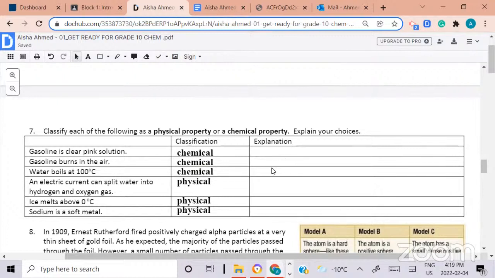It's a physical property because it's just explaining the color, so to say, right? So it's physical. Physical. Yeah. Okay, awesome. And then the explanation for that is that you can observe the color, something like that.